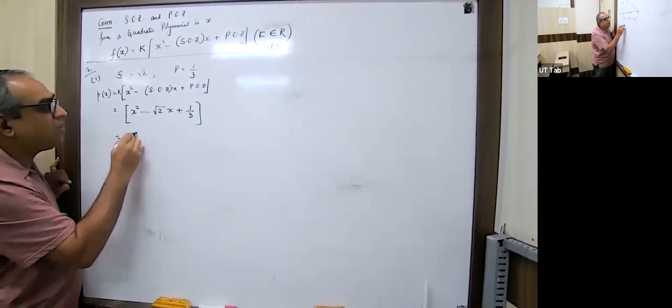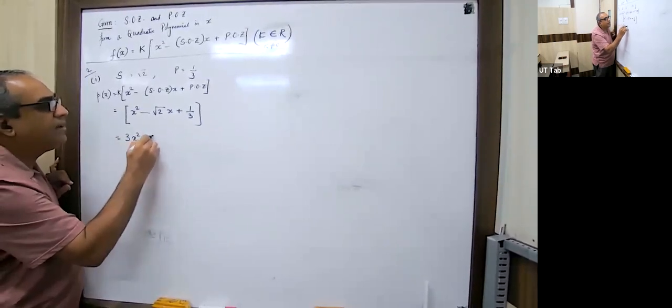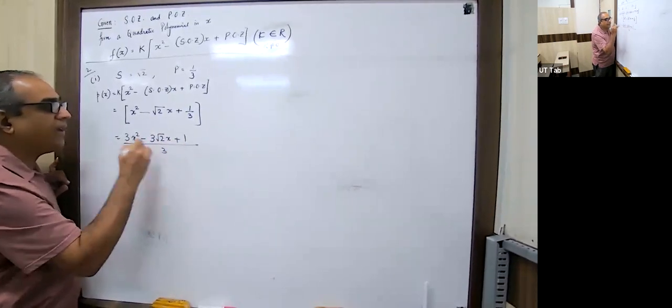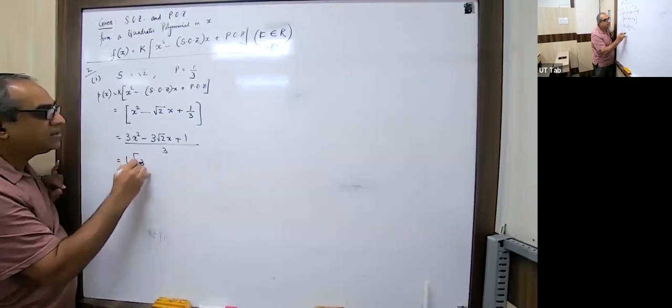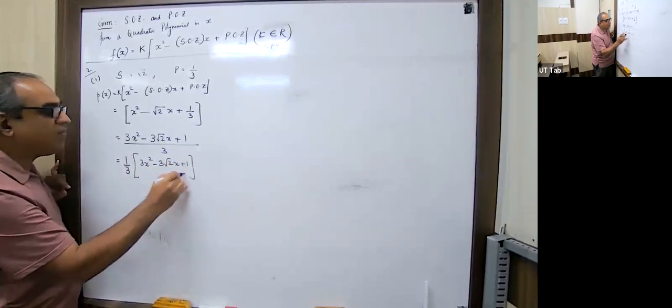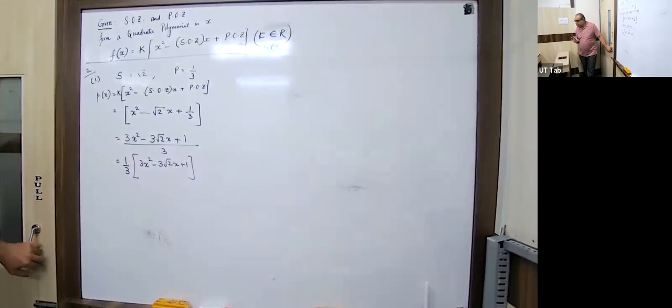So I'll write 3x squared minus 3√2x plus 1, all over 3. So if somebody asks me what is my value of k, my value of k is 1/3.